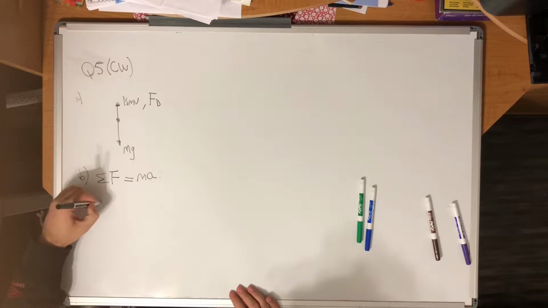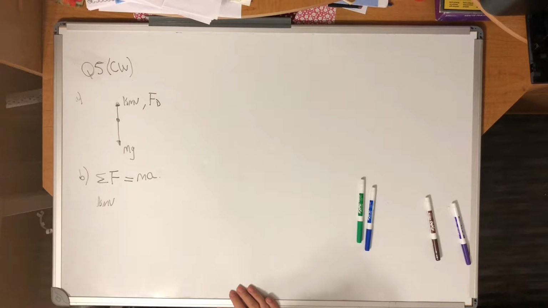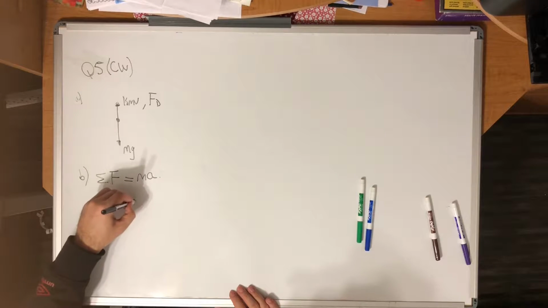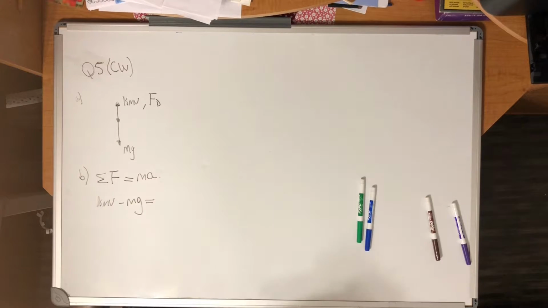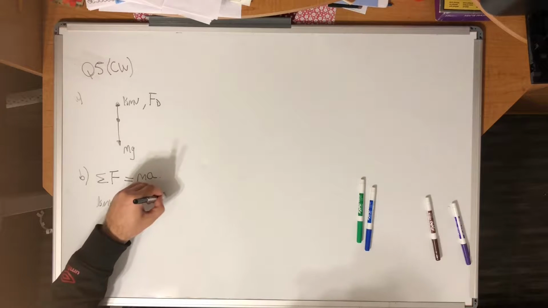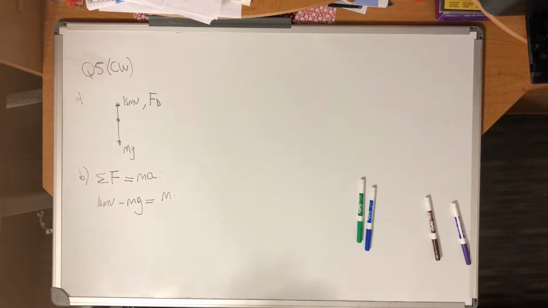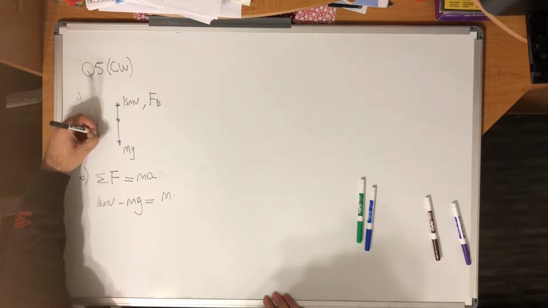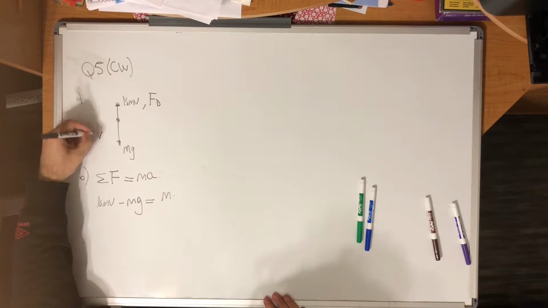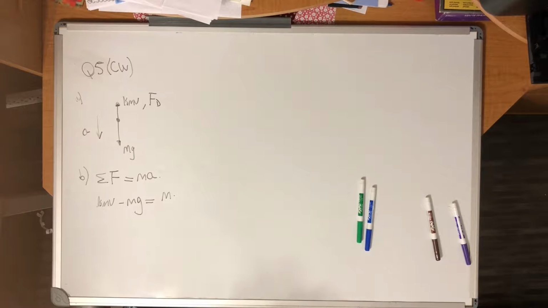You have kmv going up, you have mg going down, and then what do you have? Mass. The only thing that you need to be careful here, your acceleration. So your acceleration will be going down because your mg is greater than your kmv.